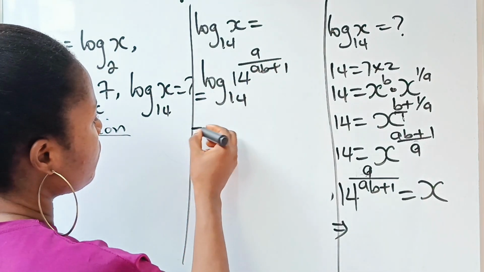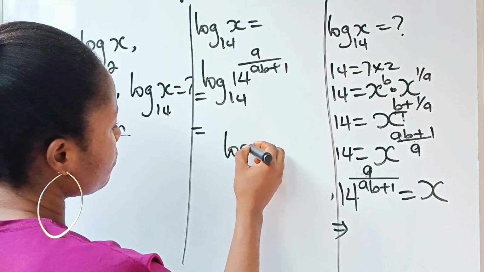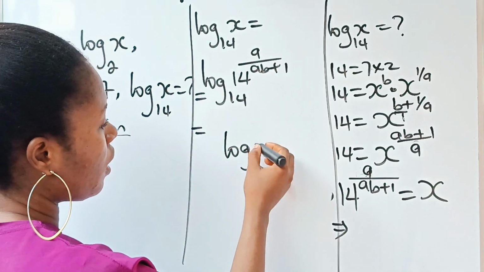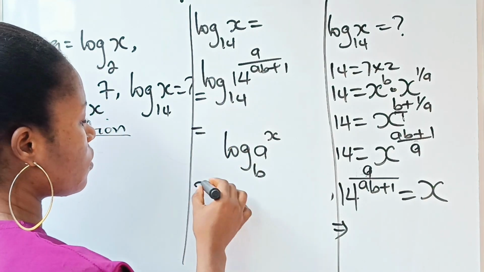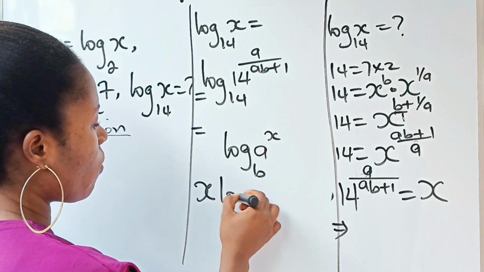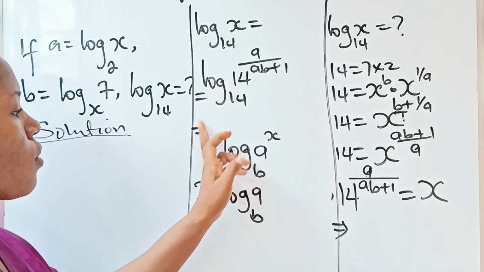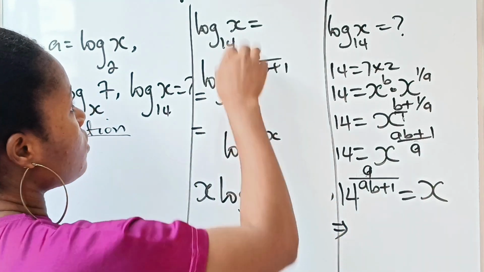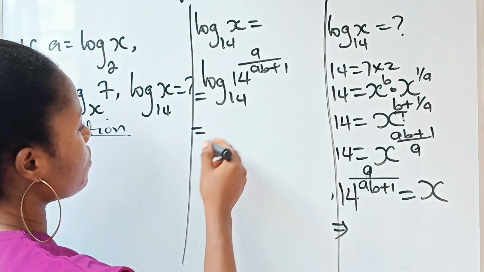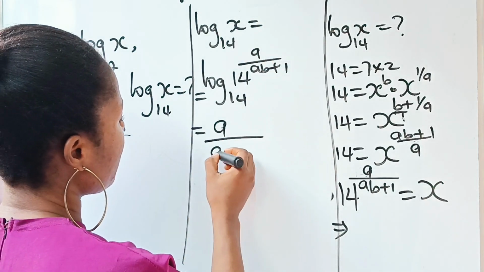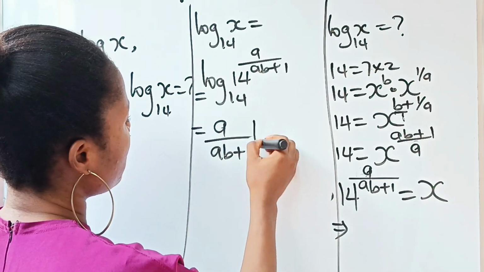All right, now this is equal to, recall that when you have log to base b of a raised to the power of x, right? This x can come down to multiply log base b of a. All right, so this power comes down to multiply this. So let's do that here. So it means that this power will come down. So we have a divided by ab plus 1 multiplied by what?